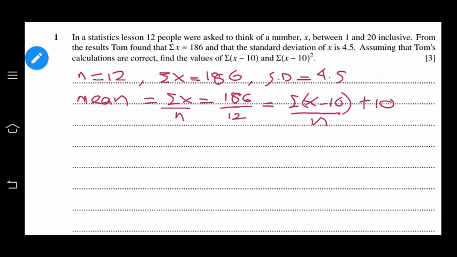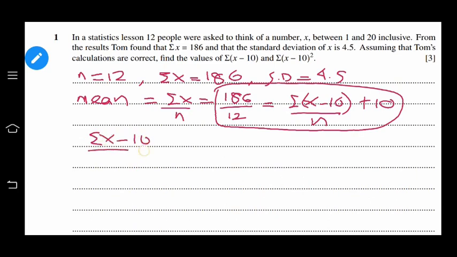So when you combine these two together, we get sigma (x minus 10) by 12, n is 12, is equal to 186 by 12 minus 10.